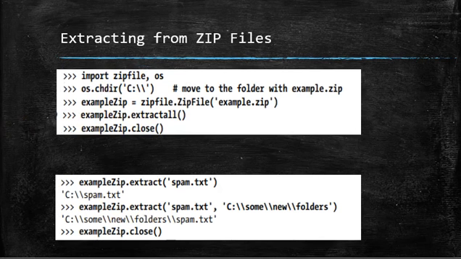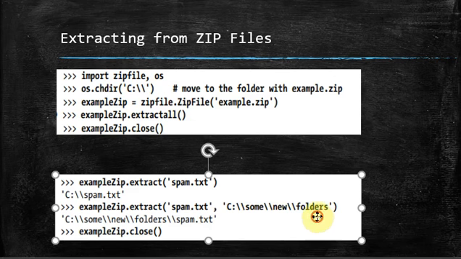Optionally, you can also pass a second argument to the extract method to extract the files into a folder other than the current working directory. If the second argument is a folder that does not exist yet, then Python will create that folder.